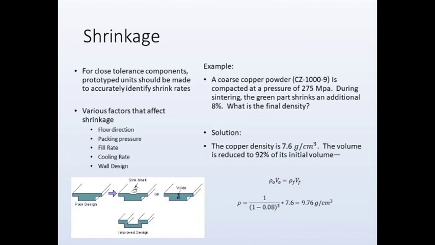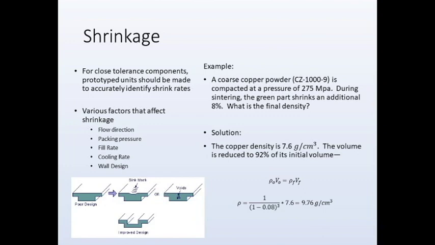design. Here's a quick example of what a shrink rate density change looks like. We take a coarse copper powder and compact it using a pressure of 275 megapascals. During sintering, the green part shrinks an additional 8%, and we try to find the final density.